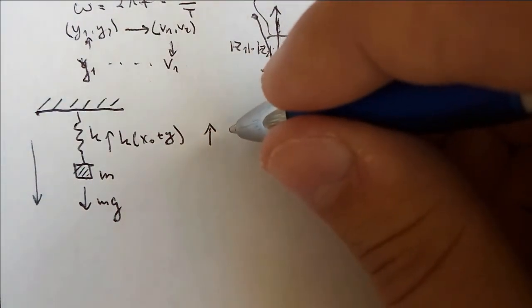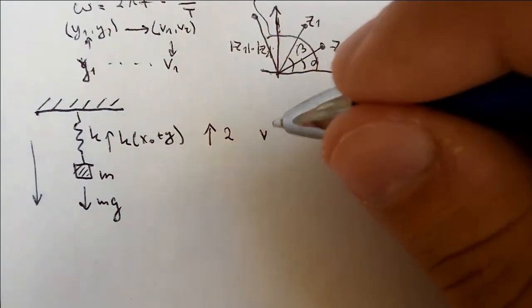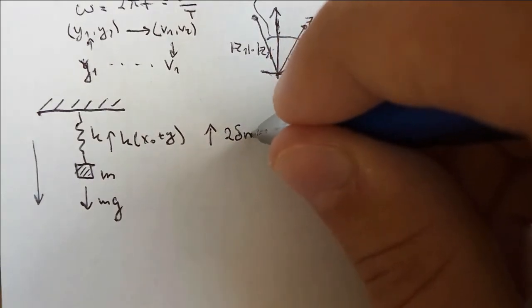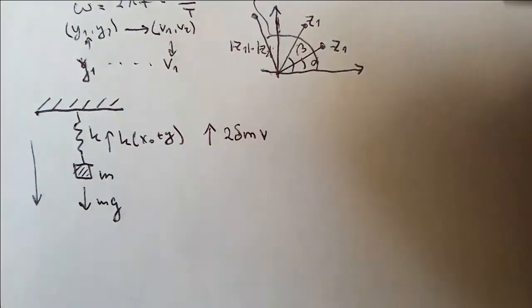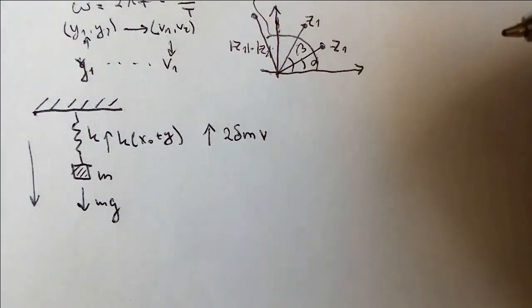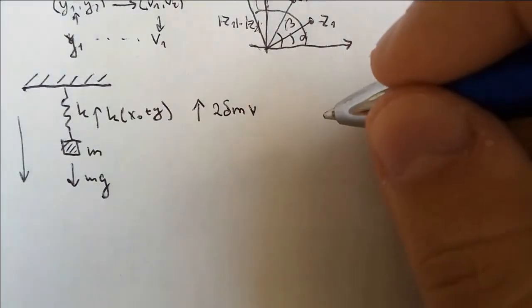So let us write the constant in front of this v as 2 times delta times m. Delta can be any real number. For some reason I will write this as the constant of this friction force. What next?